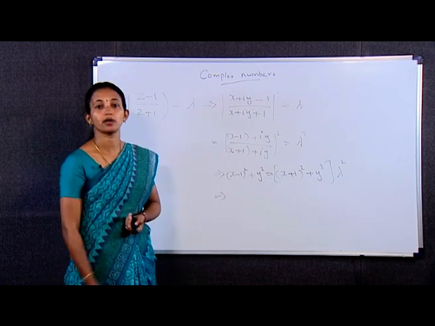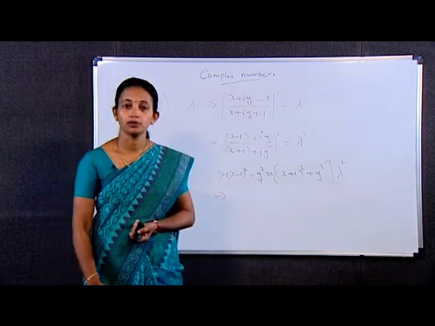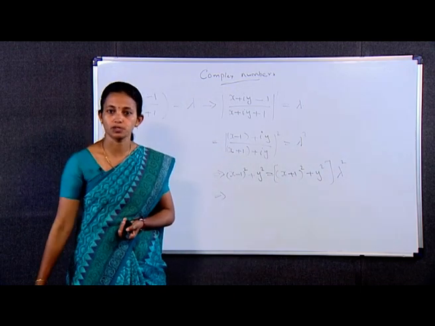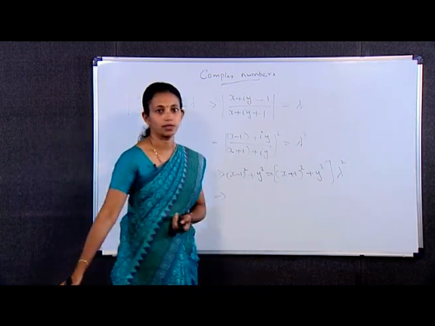Expanding, we have x square minus 2x plus 1 plus y square, which is equal to lambda square times x square plus 2x plus 1 plus y square.